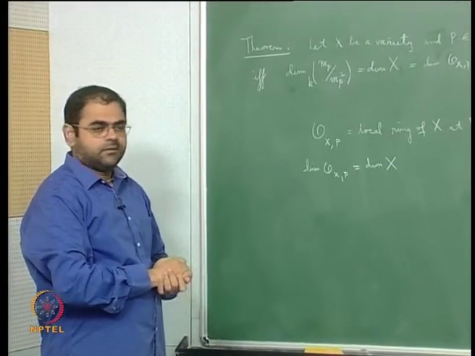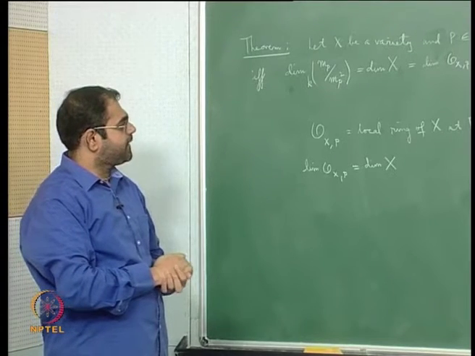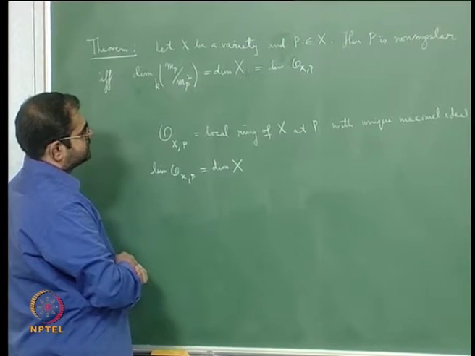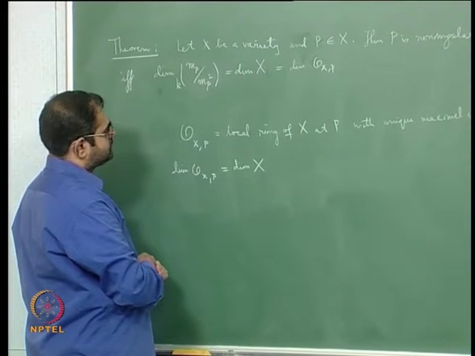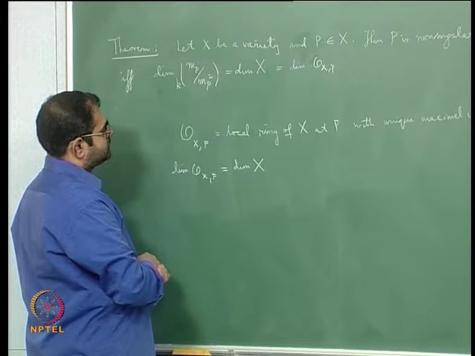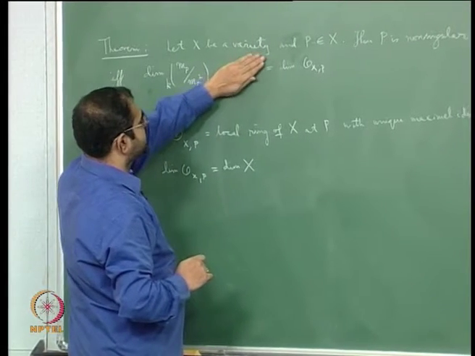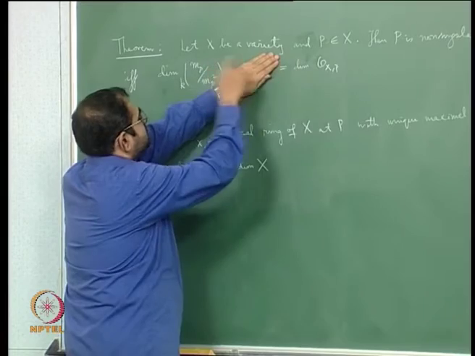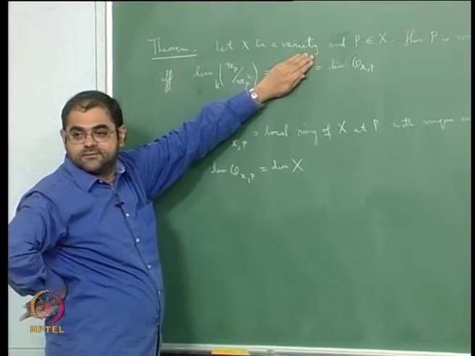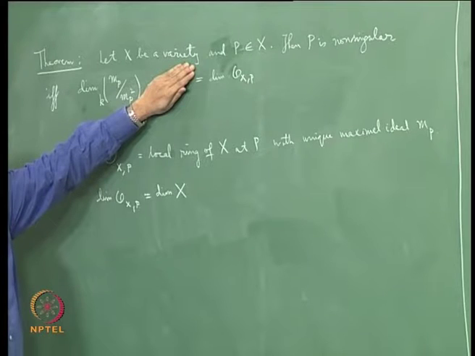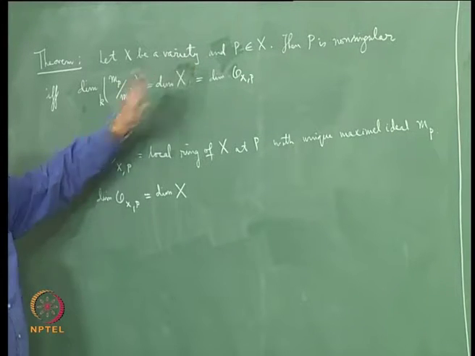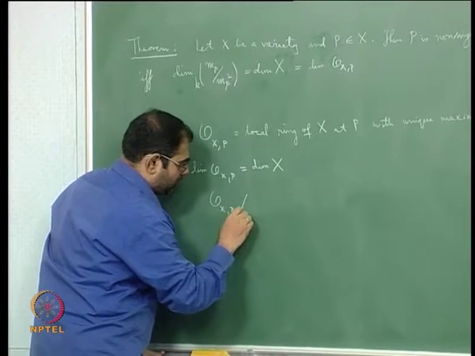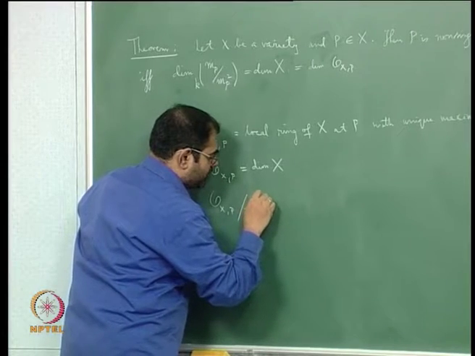So if I don't look at the central term, then I have a condition which seems to have only to do with the local ring. I am just saying that the dimension of the local ring is the same as the dimension of m mod m squared.